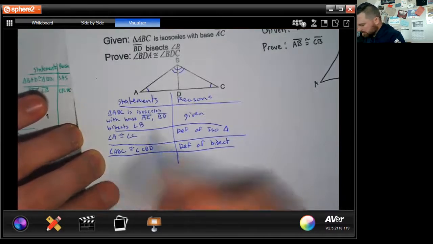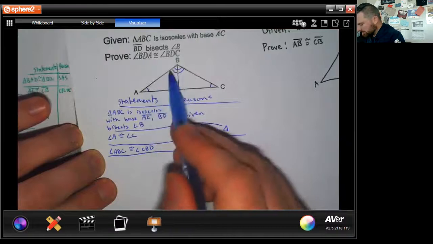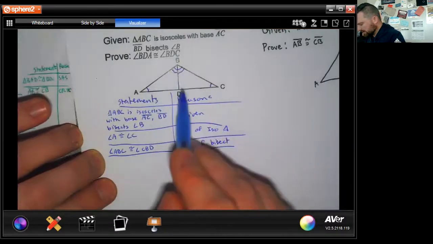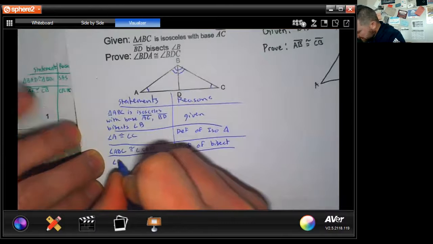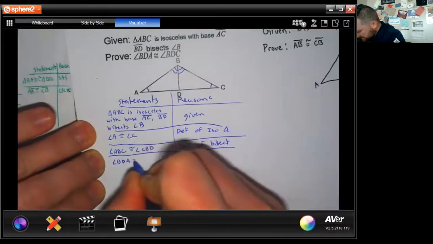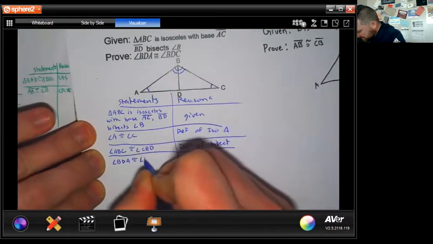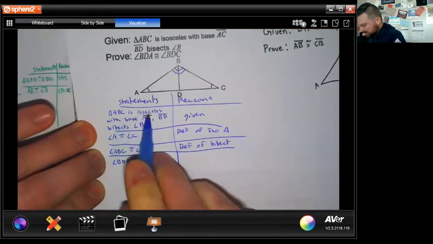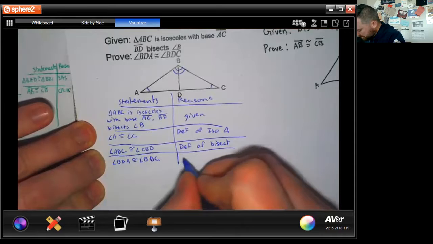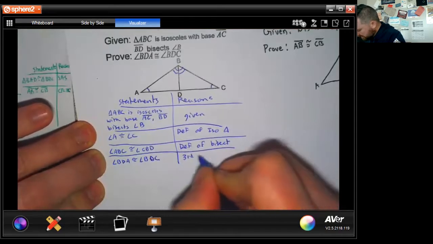Okay, because if you have two angles of one triangle are congruent to two angles of another one, then the third angle has to be congruent. So I can say angle BDA is congruent to angle BDC. And because I've already said it's an isosceles triangle up here, okay, by third angles theorem.